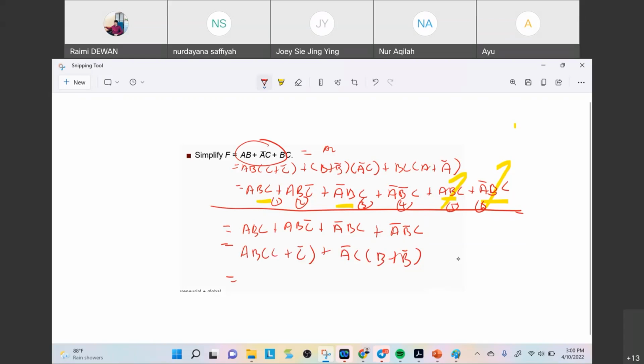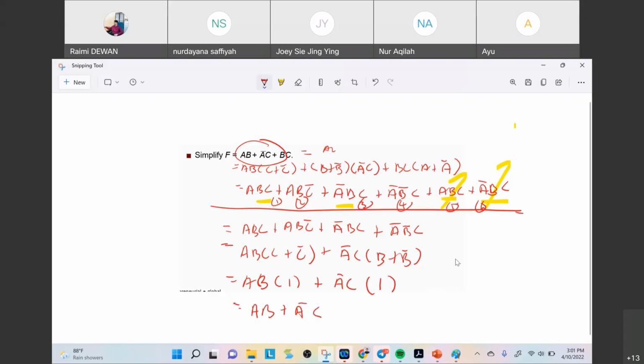So for here, regardless of what value of C, because we have inverted, it is actually equal to 1. Plus A bar C. And here, regardless of what value of B, because we have B plus B bar, it is 1. So you have A B plus A bar C. So this is the simplified one.